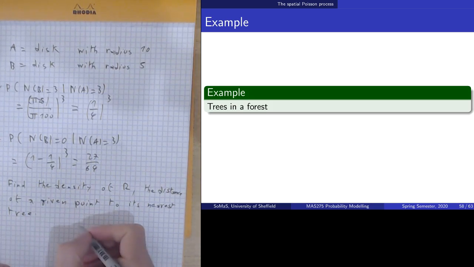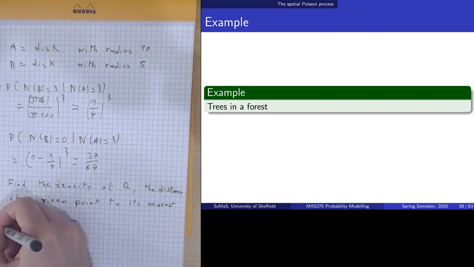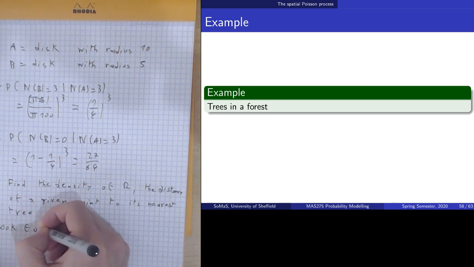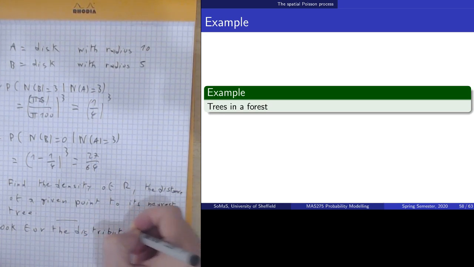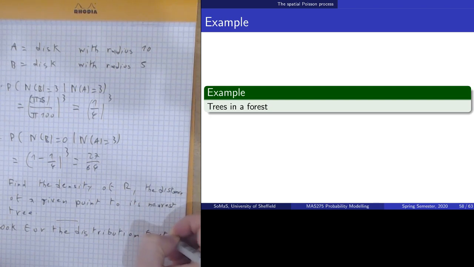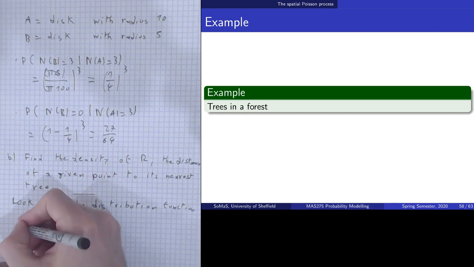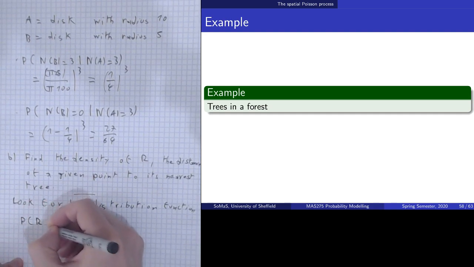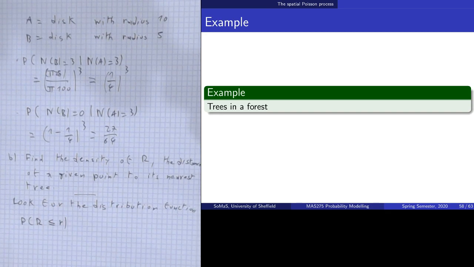So find the density. To do that, what is often good is to say that the density is a derivative of the distribution function. So we look for the distribution function first. The probability that R is smaller than or equal to r.